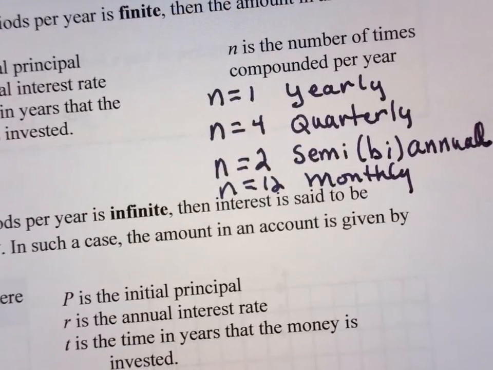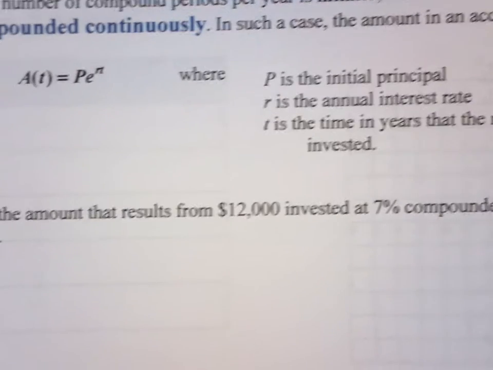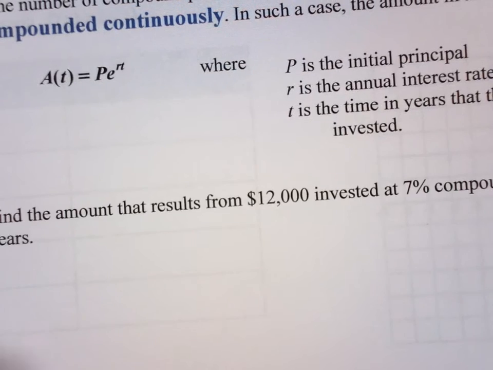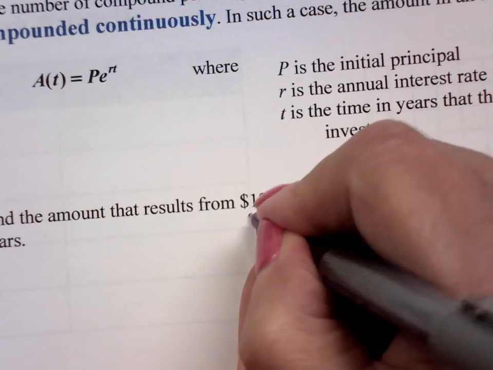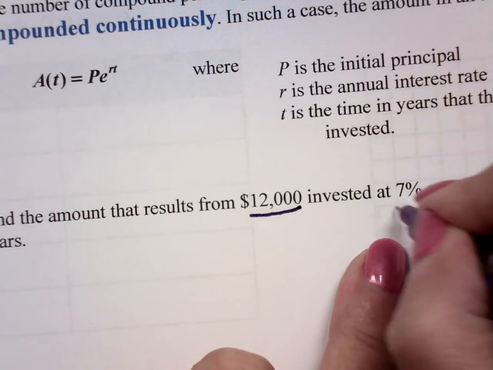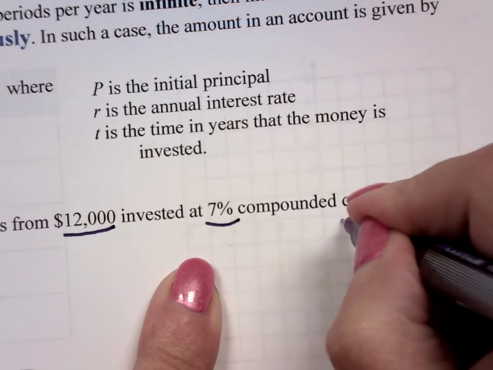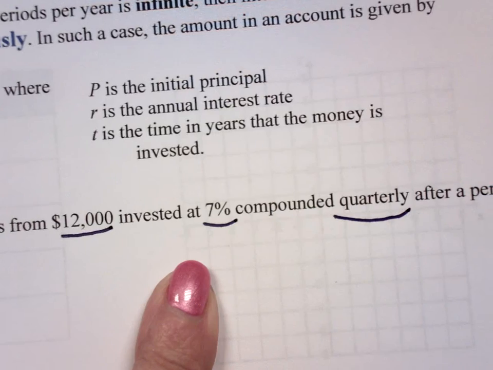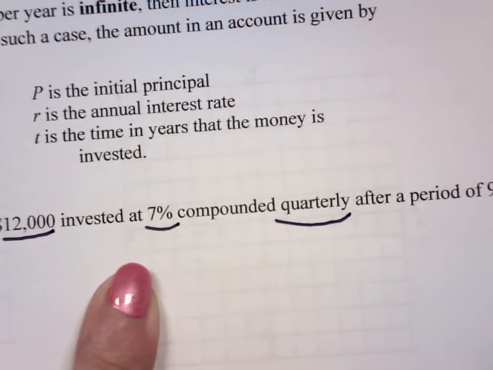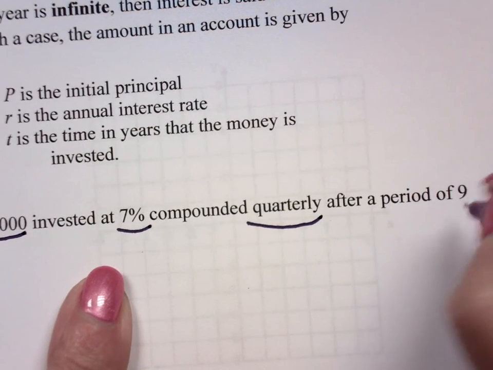So I'm going to come down to the second formula, but let's do a problem first. It says, find the amount that results from $12,000 invested at 7%, compounded quarterly, and I wanted to change this, for a period of 9 years.